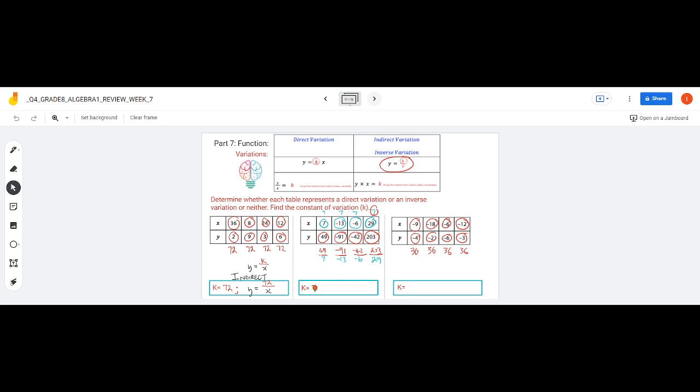We use the same formula, which is y equals to, no, but in this case now, sorry, we use y equals kx.